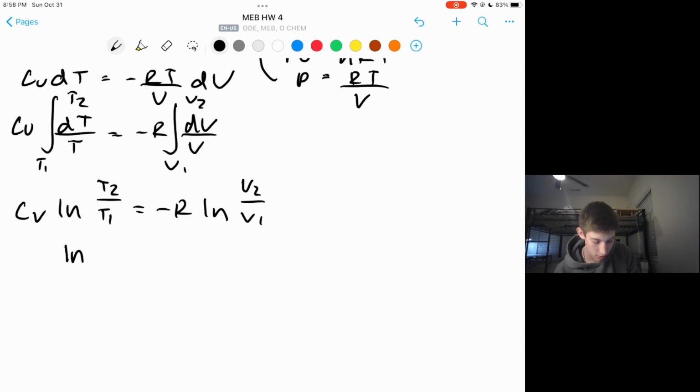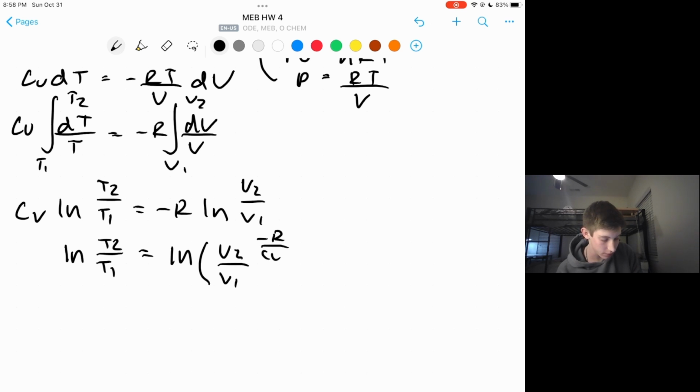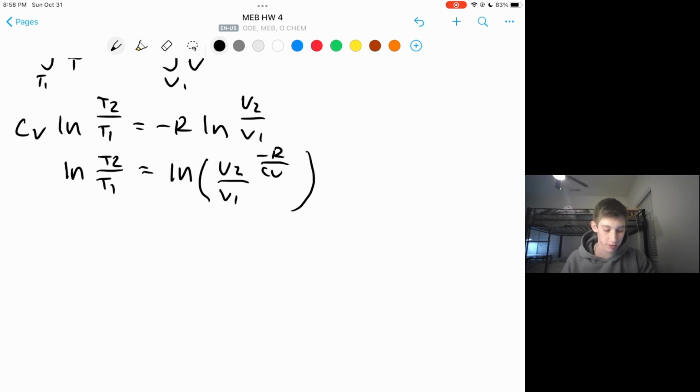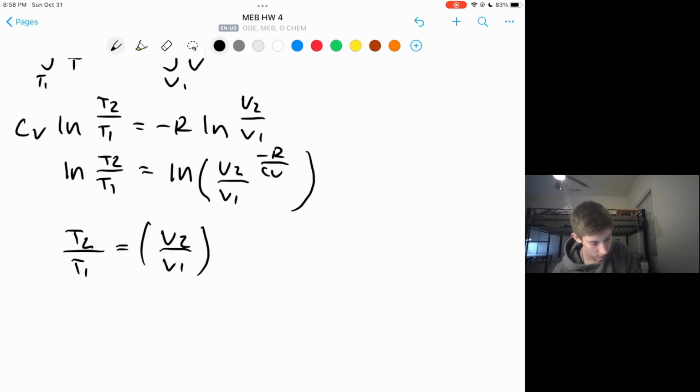So we get natural log of T2 over T1 equals natural log of V2 over V1 raised to the power of negative R over Cv. And then if we raise both sides to the power of e, we just get T2 over T1 equals V2 over V1 raised to the negative R over Cv.